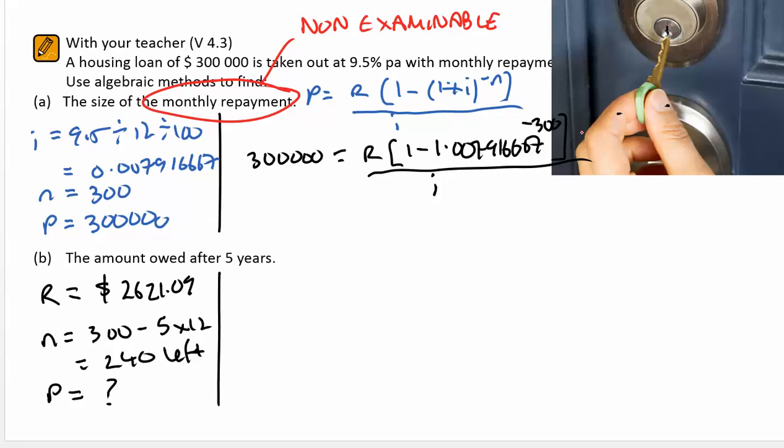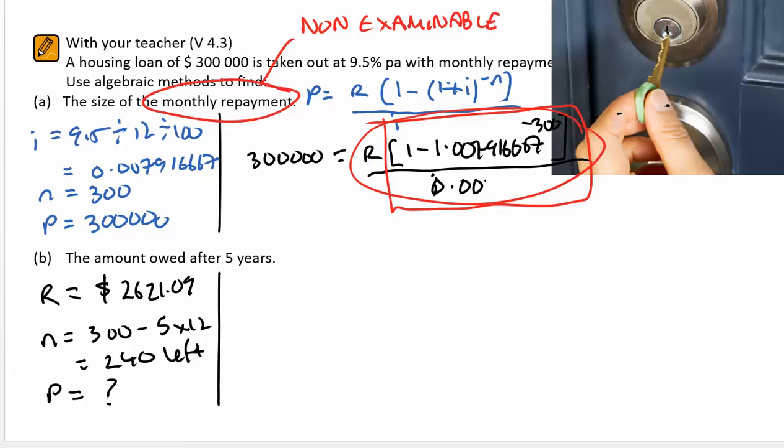Now your calculator can handle that quite readily if we group this part together, and when you do the 1 minus etc. divided by the 0.00791667 etc., you end up with 300,000 is R times 114.456. Notice I'm keeping quite a few digits.